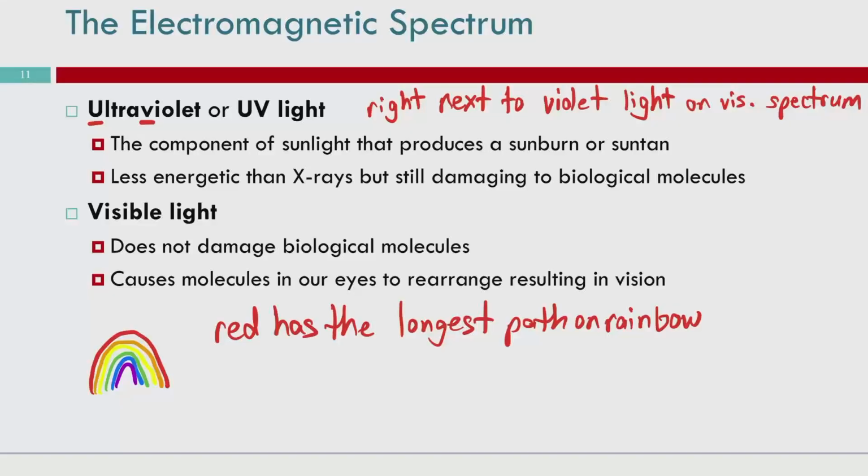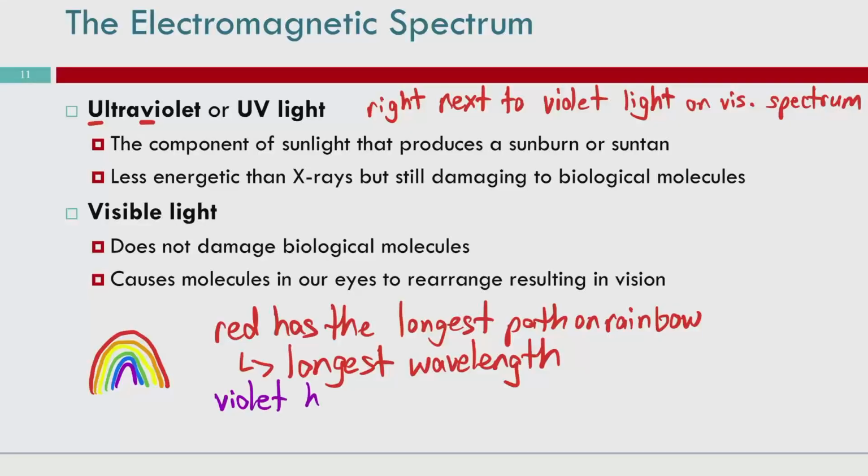And guess what? It also has the longest wavelength. Violet on the inside has the shortest path, so it has the shortest wavelength.